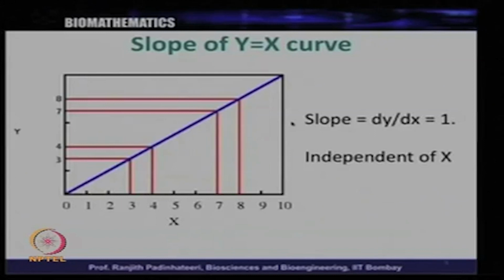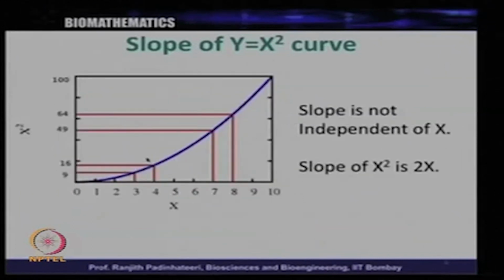You can see this by trying it yourself. But if you take another curve like y equal to x square, which is not a straight line but a curved function, you will see that if you take between 3 and 4, you will get one answer, and when you take between 7 and 8, you will get a different slope.